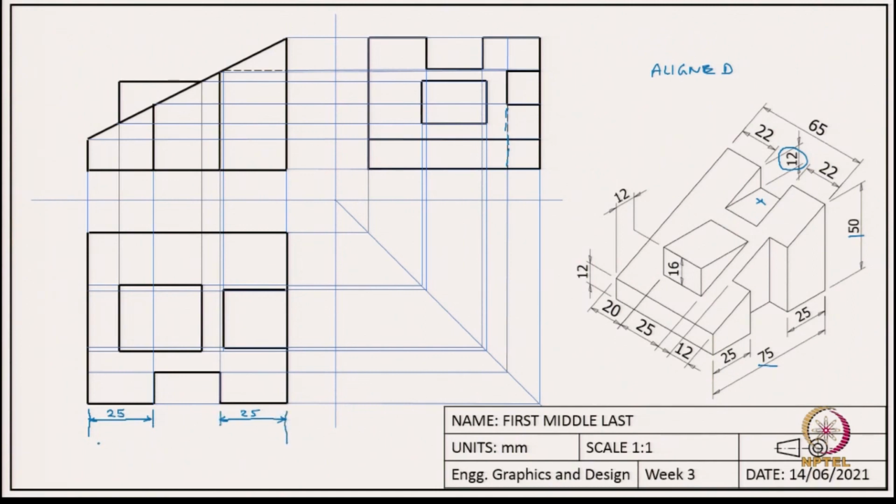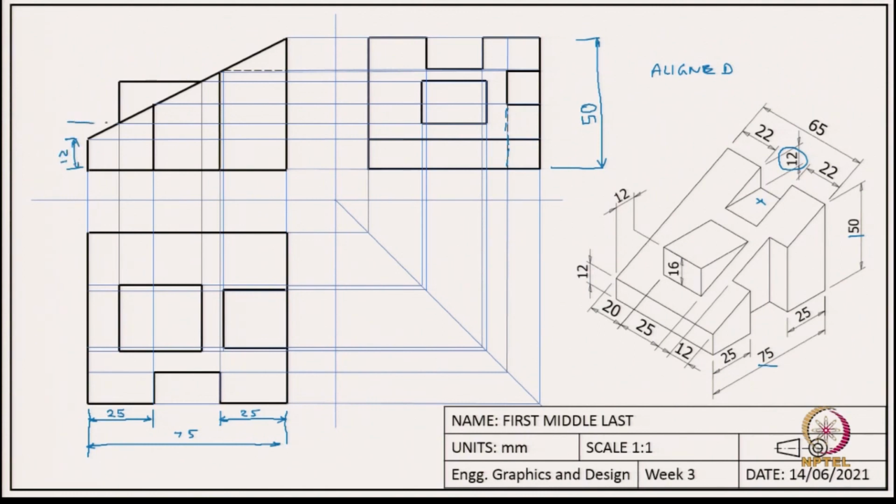And the overall width also needs to be dimensioned, which is 75. Again you can use the same method to show that the height is represented by 50. And similarly, this distance is 12.